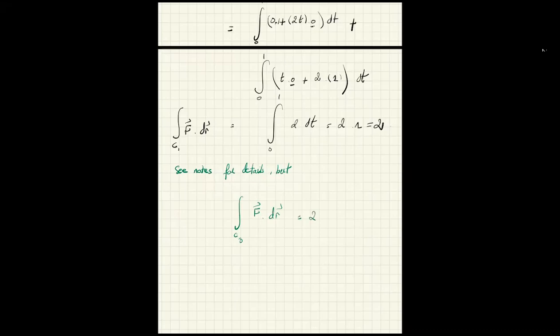It will give you 2 minus pi over 4, which is not equal to 2.